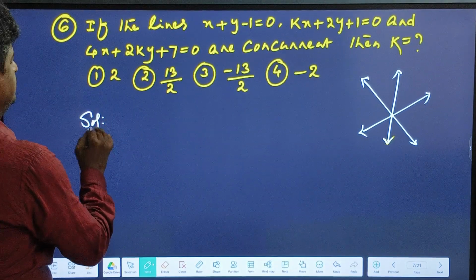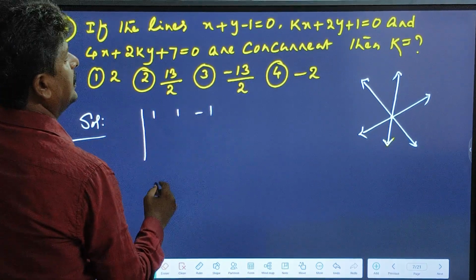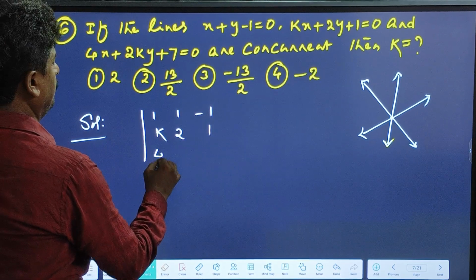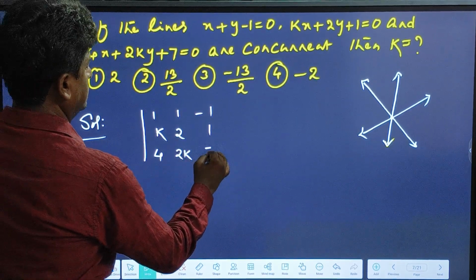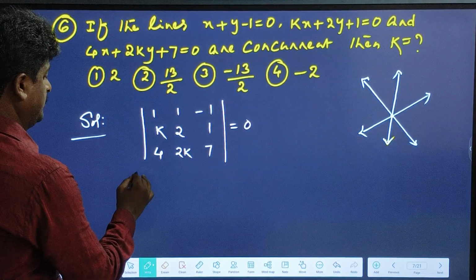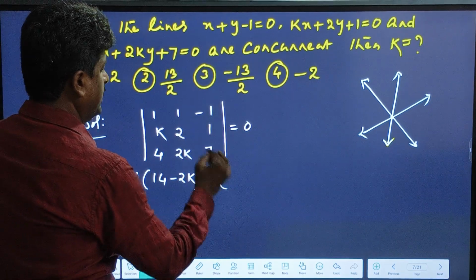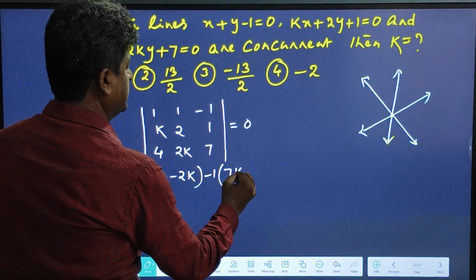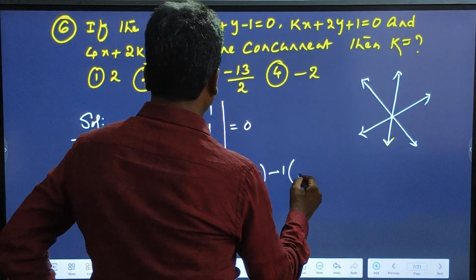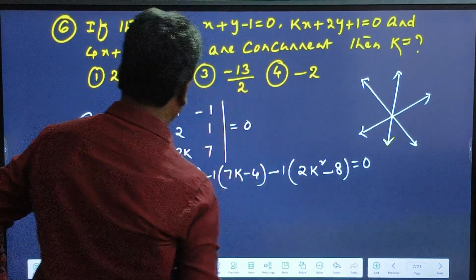The determinant of the coefficients, 1 1 minus 1, k 2 1, 4 2k 7, equals 0. While expanding the determinant, 1 into 14 minus 2k, minus 1 into 7k minus 4, minus 1 into 2k square minus 8 equals 0.